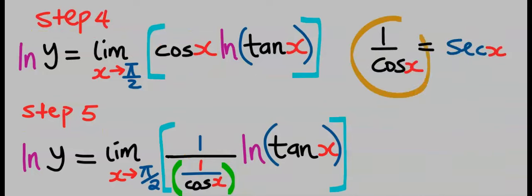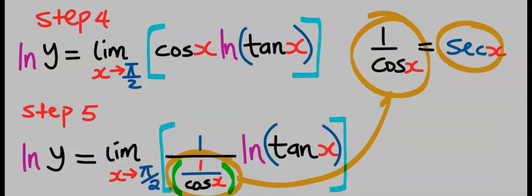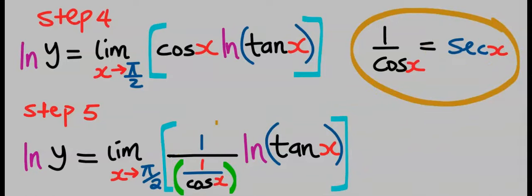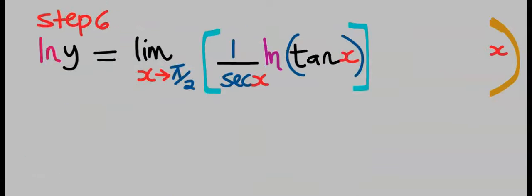Subsequently, 1 over cos x is the same thing as sec x. That is, at this denominator, instead of 1 over cos x, I'm going to write sec x, which will be step number 6. Because of this concept, I'm going to rewrite this, and we are going to have 1 over sec x.